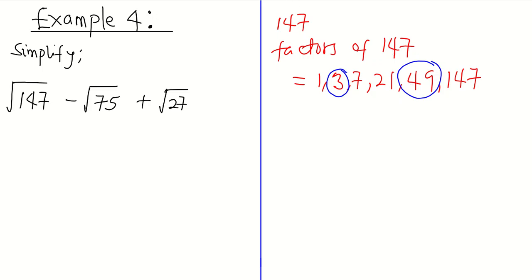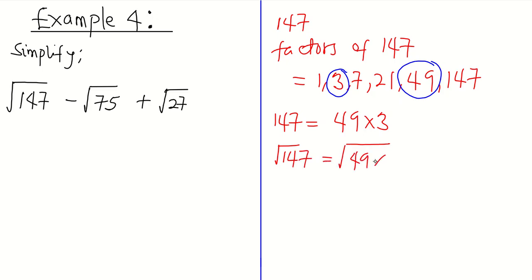So simply put, 147 is going to give us 49 times 3. So if now we are saying we have square root of 147, then we are going to get square root of 49 times 3. So let's put that one there.